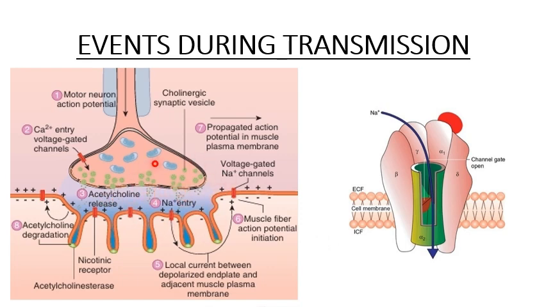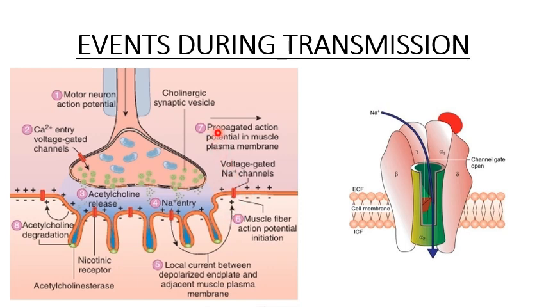Then this sodium which enters the muscle fiber causes a local current between the depolarized end plate and the adjacent muscle plasma membrane. That means the sodium channel causes depolarization of the adjacent plasma membrane, and this produces the end plate potential.